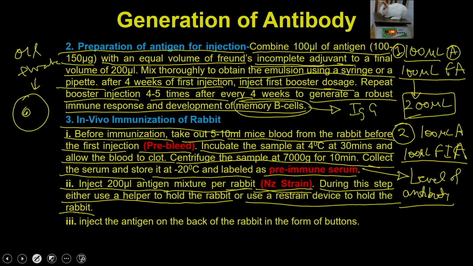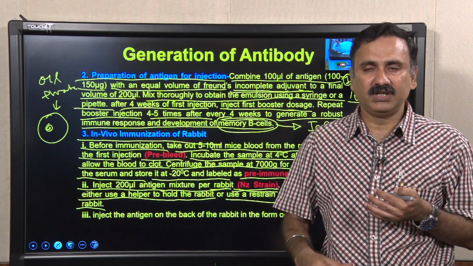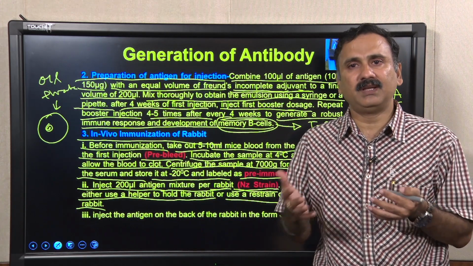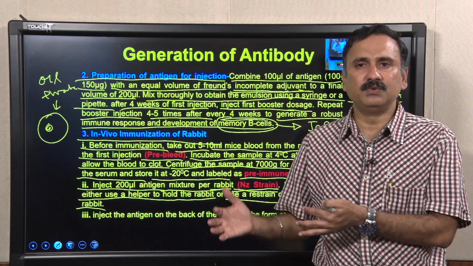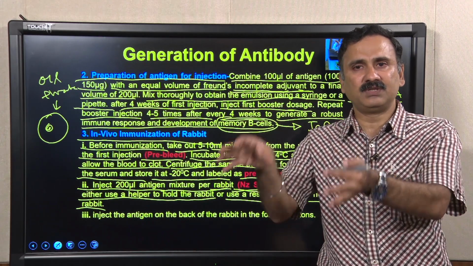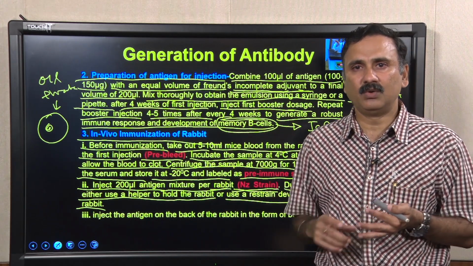You have to hold the rabbit very strongly, so that you will be able to inject the emulsions, either the primary or the secondary injections. So you have two choices: either ask someone to help you hold the rabbit, or use a restraint device where you just keep the rabbit, and the rabbit will not be able to move, and then you will be able to inject.